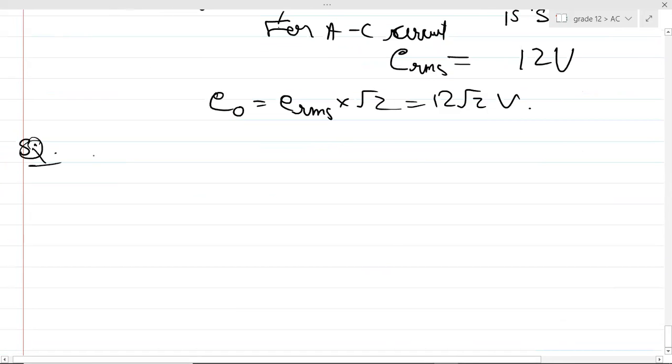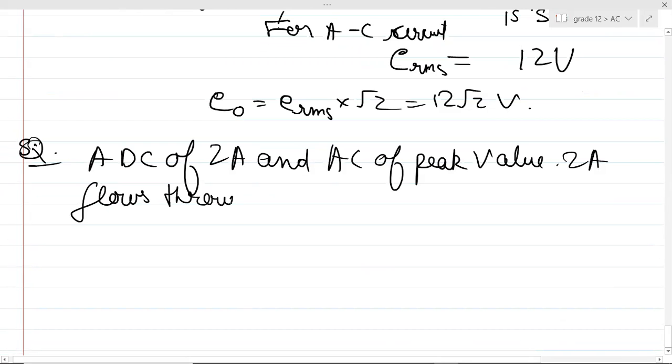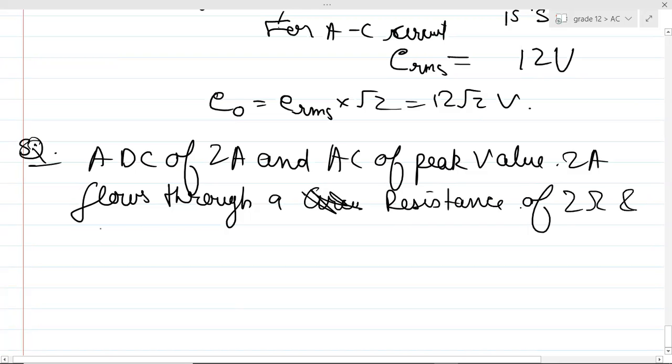So, next question. A direct current of 2 ampere and an alternating current of peak value 2 ampere flow through a circuit of resistance 2 ohm and 1 ohm respectively.